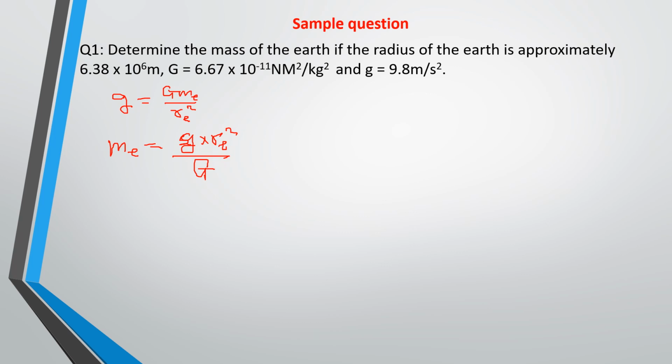Having gotten this, what you need to do next is bring out the values which will be given to you. G is given to you, the radius of the earth is given to you, and then this acceleration due to gravity.